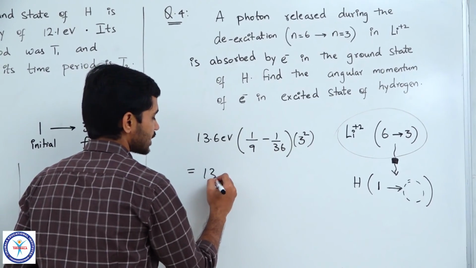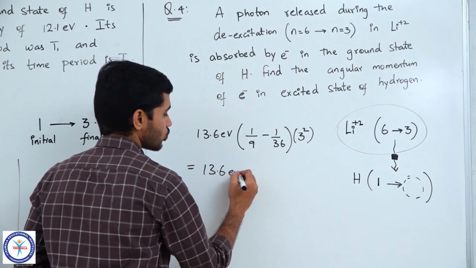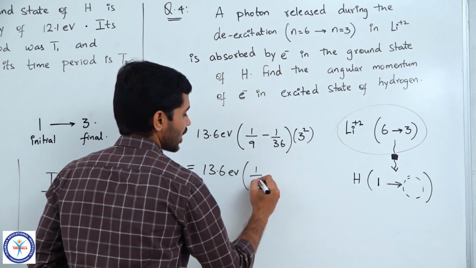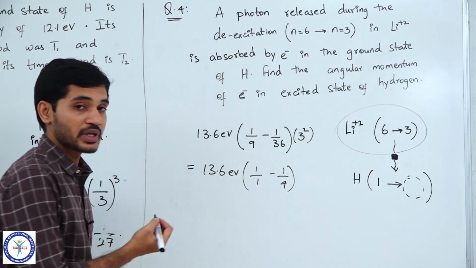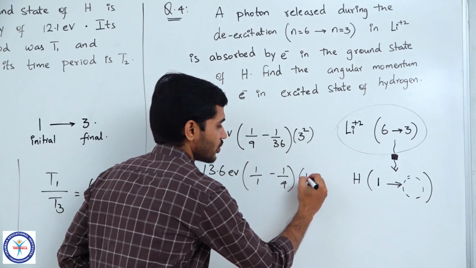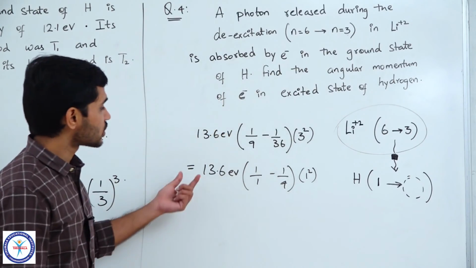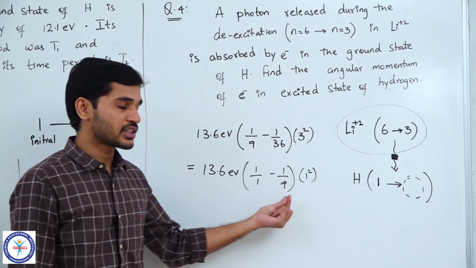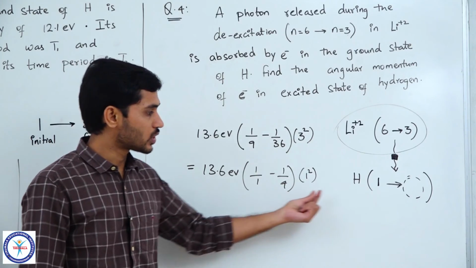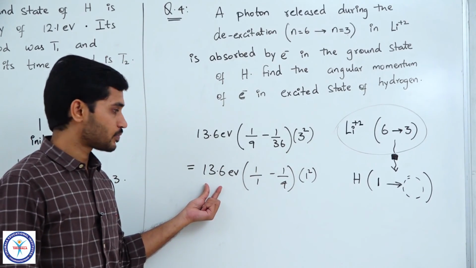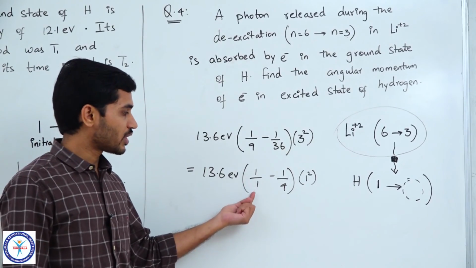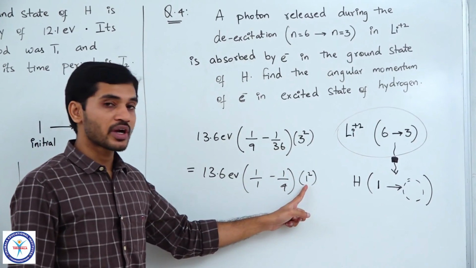So I can understand this as 13.6 electron volts into 1 by 1 minus 1 by 4. You can also understand that there is a 1 square over here. I am writing it this way so that you can see a correlation with the hydrogen transition. Can you guess? This is 1 by 1 minus 1 by 4, and here you have 1 square.